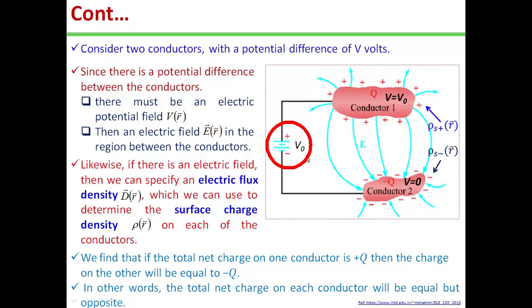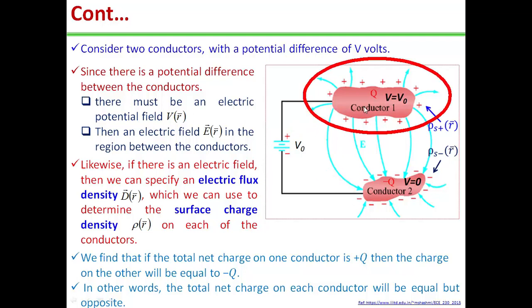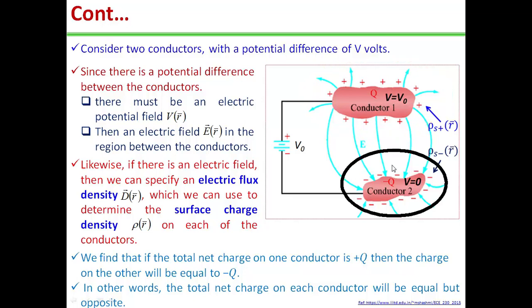When we connect the potential V naught, the positive terminal to conductor 1 and the negative terminal to conductor 2, we will have positive charge accumulation on conductor 1 and negative charge accumulation on conductor 2. Therefore, we have surface charge density rho s plus on conductor 1 and surface charge density rho s minus on conductor 2.